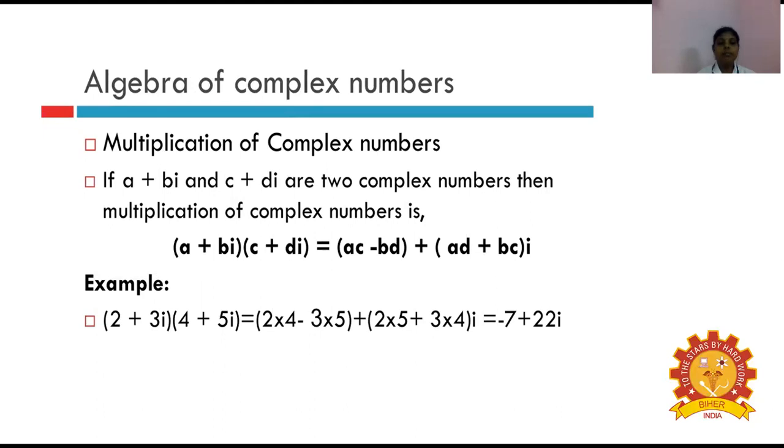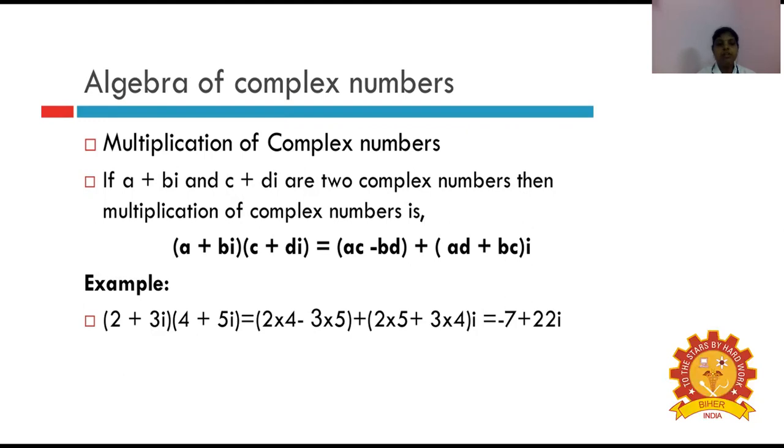Next, multiplication of complex numbers. If a plus bi and c plus di are two complex numbers, then multiplication of complex numbers is (a plus bi) into (c plus di) equal to (ac minus bd) plus (ad plus bc) into i.